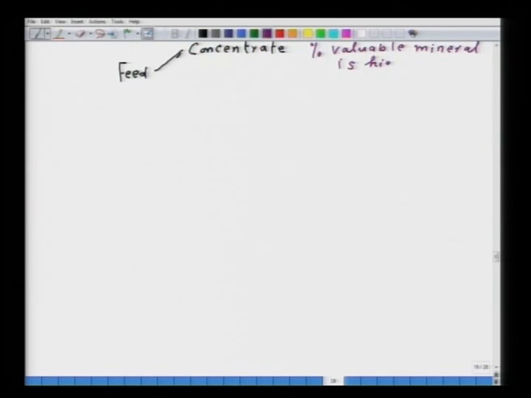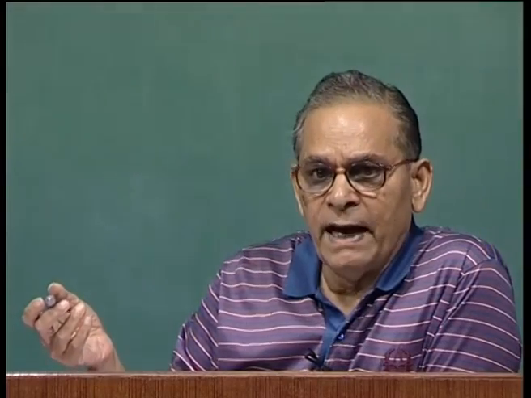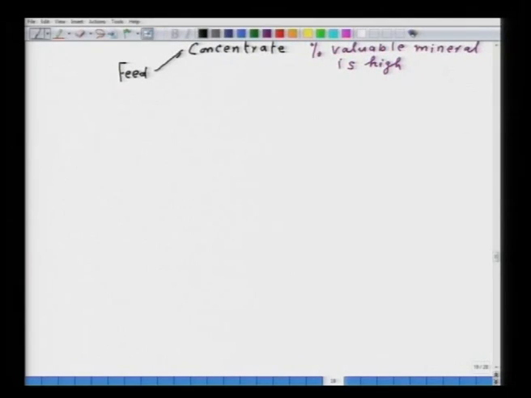That is why you call it concentrate, and this concentrate goes for plant for extraction of the metal. Now, this concentrate is of high grade and it can be used for further processing to get the metal. Another product from the feed is called middling.